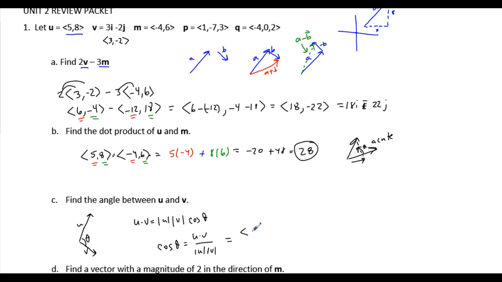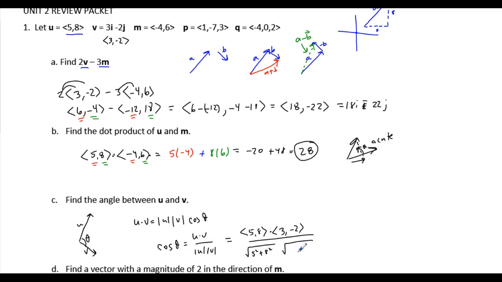u dot v, u is (5, 8), dot product with v, which is (3, -2). And the length of u is a Pythagorean theorem kind of thing: 5 over and 8 up, so we add the squares of the components and take the square root.